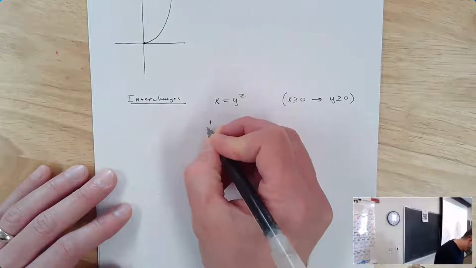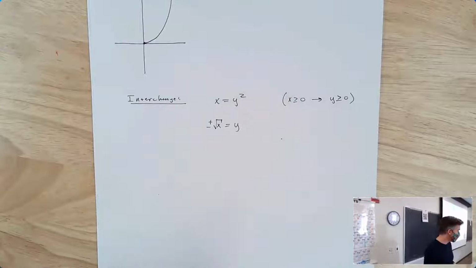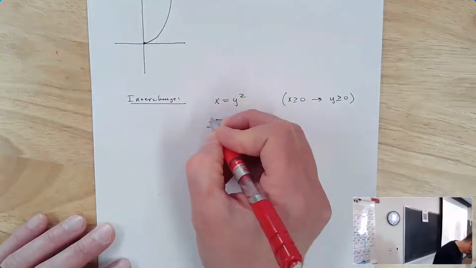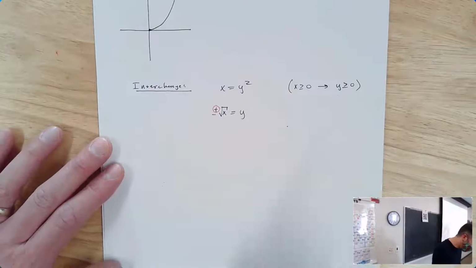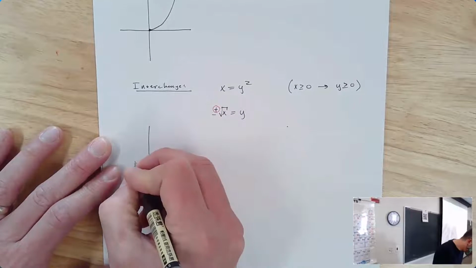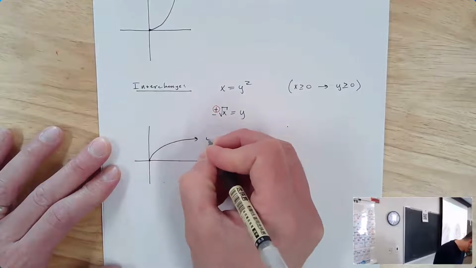But we just said y has to be positive because we're restricting x to be positive. So we're limited to that part there. So when we draw the inverse, it looks like just that.